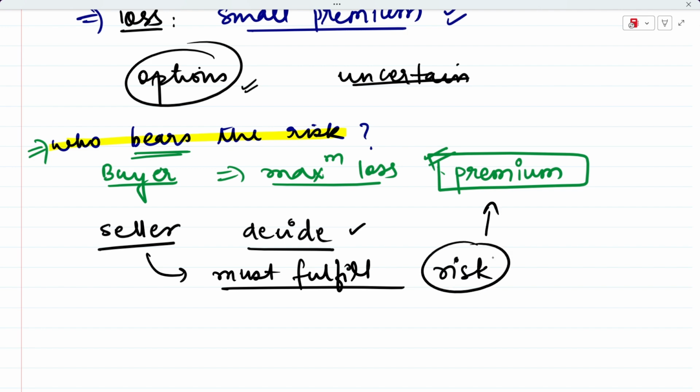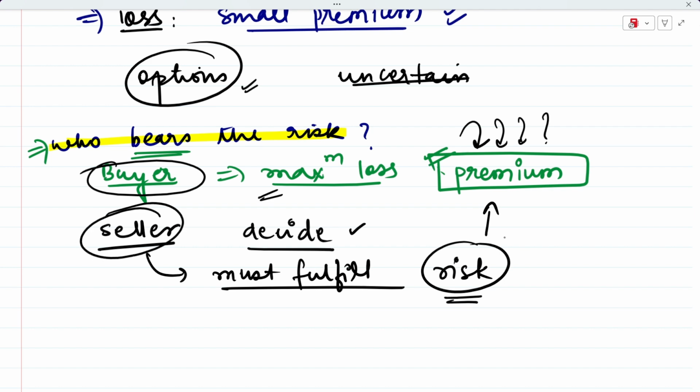Why is the seller taking the risk? Because the seller is getting the premium, and the maximum loss that can happen to the buyer is only the amount of premium that they will pay to the seller. The risk the seller is taking is that they only receive the premium, and they are not sure if the buyer is going to exercise their option in the future or not. So there is an uncertainty, but both of them are safe.